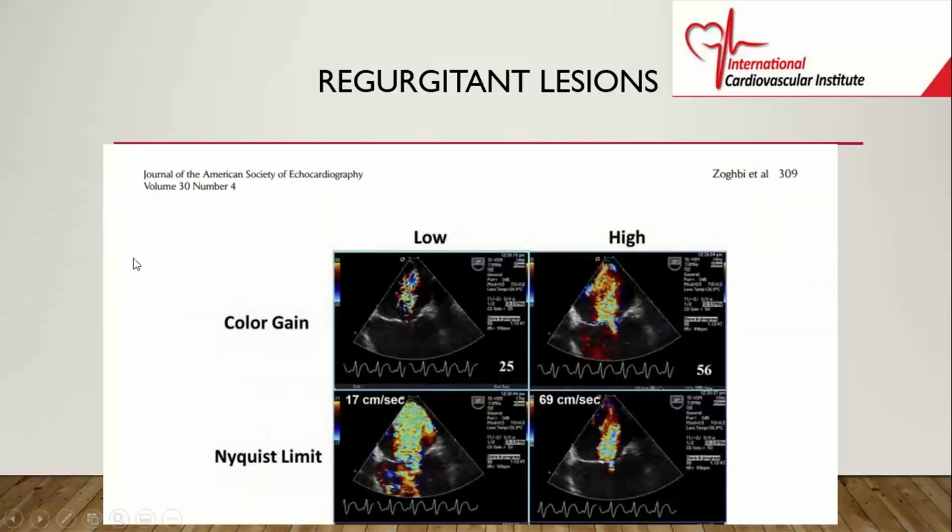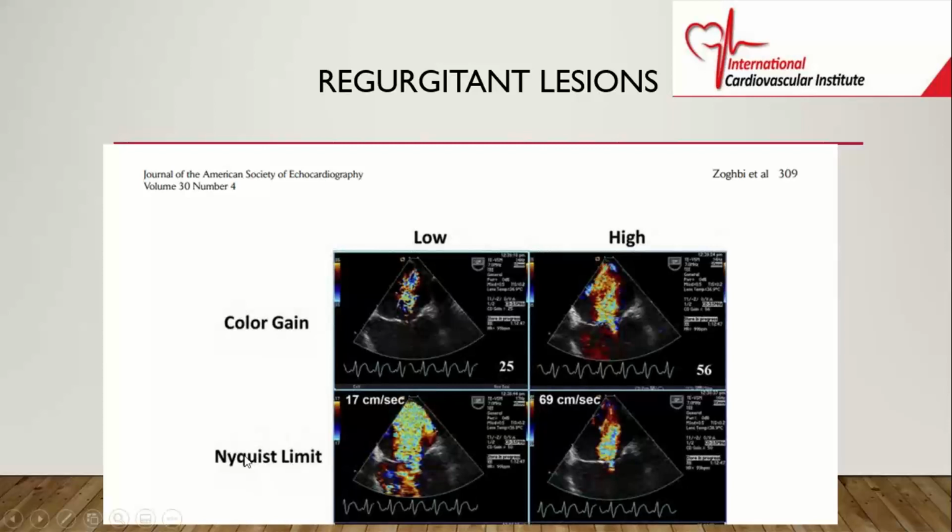So this is what we're talking about. For a low color gain, you see the jet is relatively small, and for a high color gain, the jet looks large. And this is the same patient. So by adjusting the color gain, you can make the regurgitant jet look different.